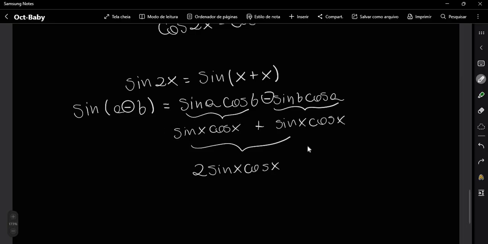Sine of x times cosine of x and sine of x times cosine of x. These terms are equal, so we have just to sum them up. And so sine of 2x is equal to sine of x times cosine of x.